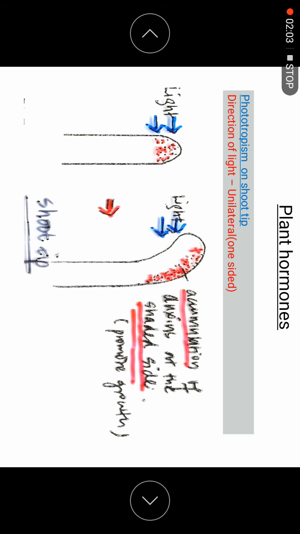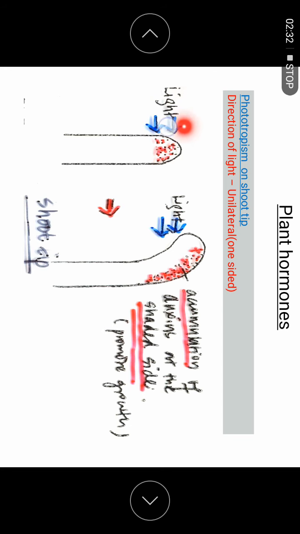So how do we show that auxin does not like the light, or will run away to a darker side? We can explain it like this. If you remember phototropism, this is a good way to explain how hormones affect phototropism. The light is over here on the left.